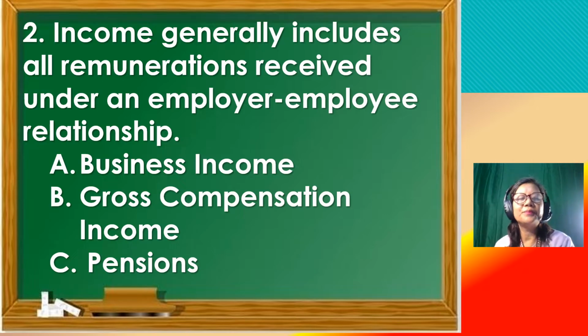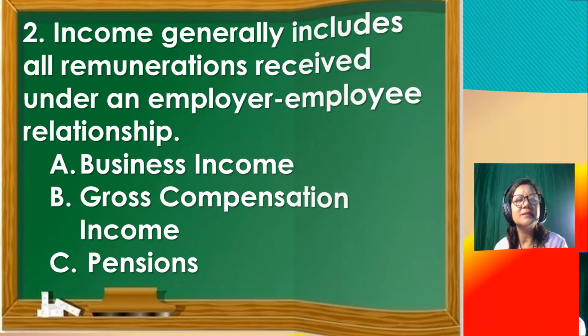Number 2, income generally includes all remunerations received under an employer-employee relationship. Is it A, business income, B, gross compensation income, C, pensions?